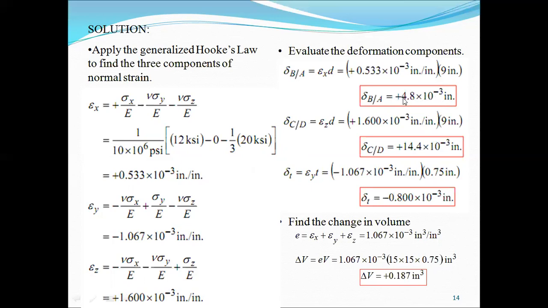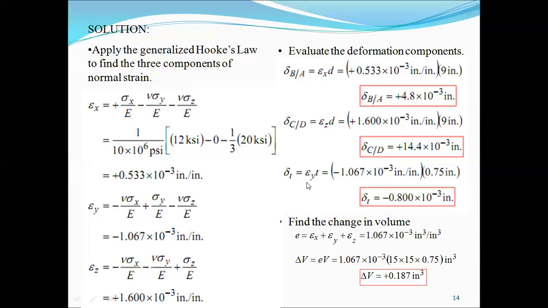Plus sign means there would be elongation along x direction, or along line AB. Delta CD is equal to epsilon z d. After plugging in the values, delta CD is plus 14.4 times 10 raised to the power minus 3 inches. Again, there is elongation along z direction.